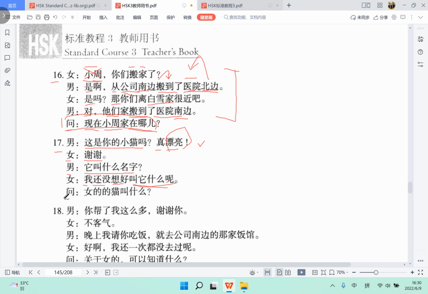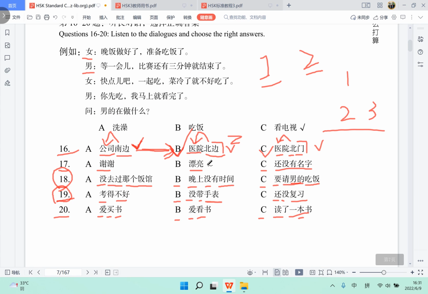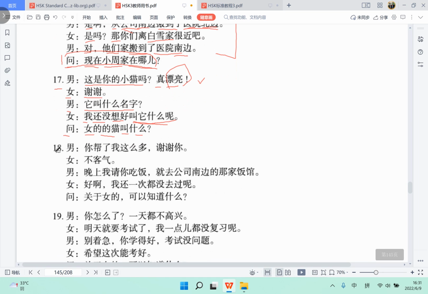So the question, 女的的猫叫什么, so the cat of the female is called what? So we heard 漂亮 and we take it, right, but the question is asked about the name. 叫什么名字, right, so still haven't, so C.